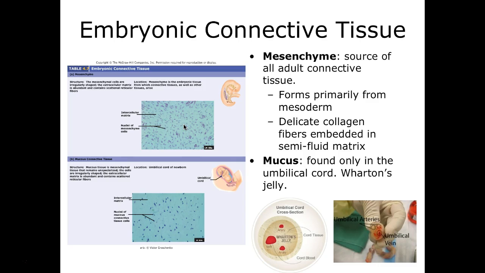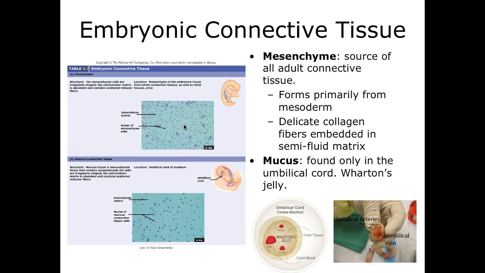It is primarily going to form mesoderm. Now I know we haven't talked about mesoderm yet. There are 3 different types of embryonic tissues: endoderm, ectoderm, and mesoderm. I didn't want to venture into that too much just yet, so just hang on to that piece of information, and we'll explore that more in Anatomy 3.